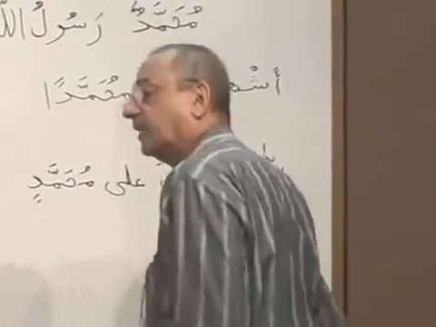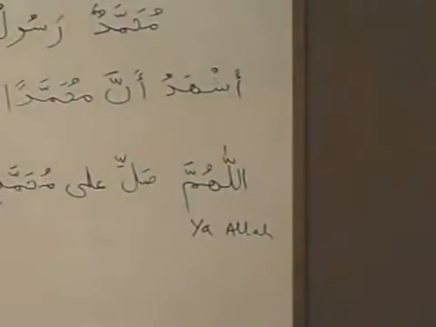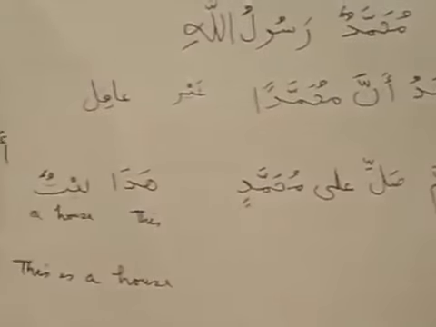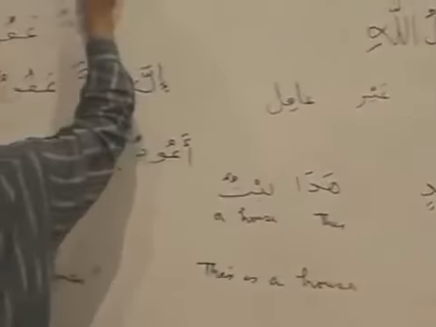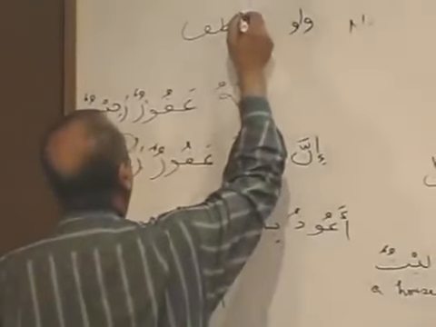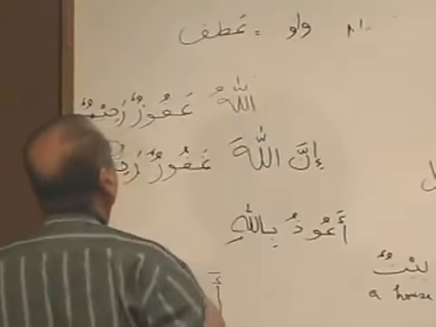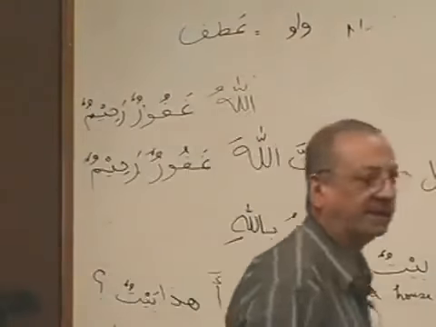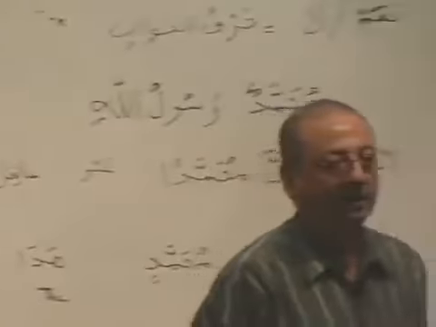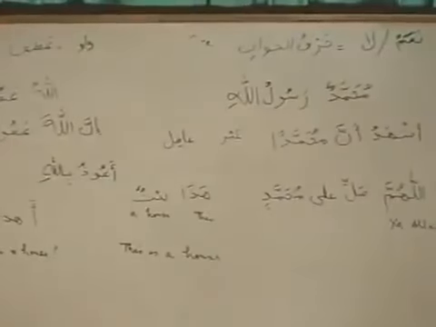But as I said, you can write it down, but you don't have to really memorize it. Waw is ataf. In English, we call it conjunction. We say harfu ataf.